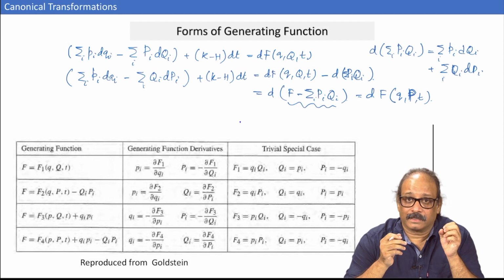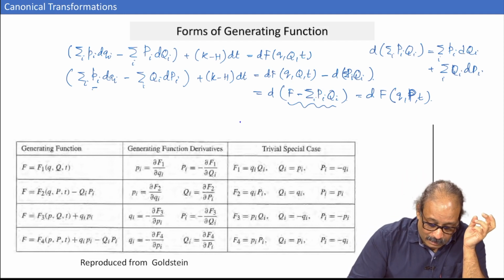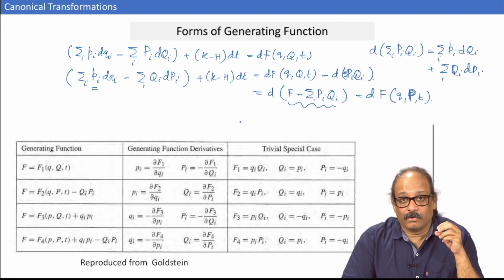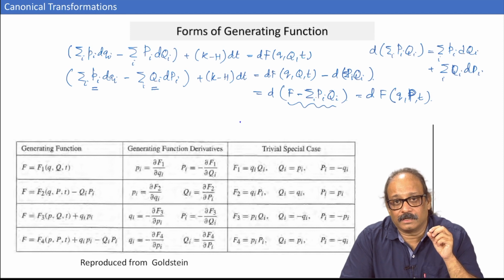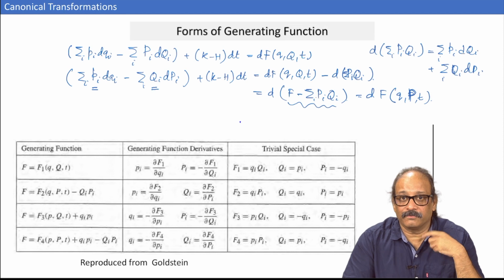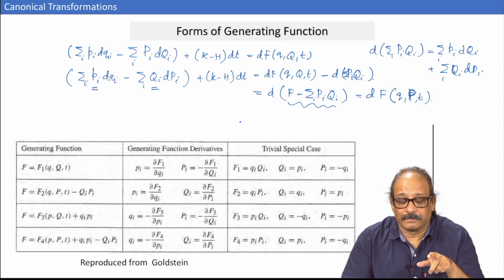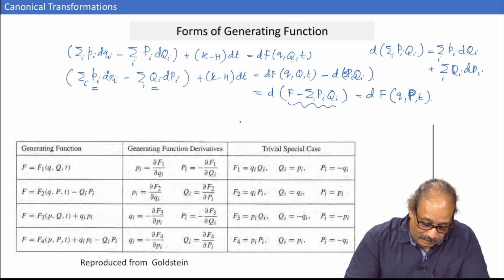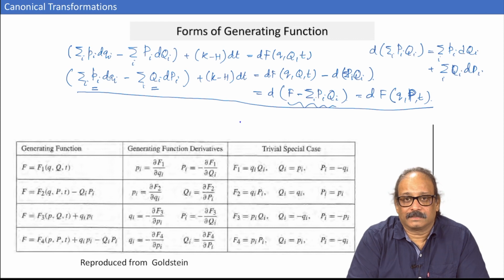If I want to generate a canonical transformation where I get new canonical coordinates in terms of the old momenta and the new coordinates, you can do easily by doing something like this.